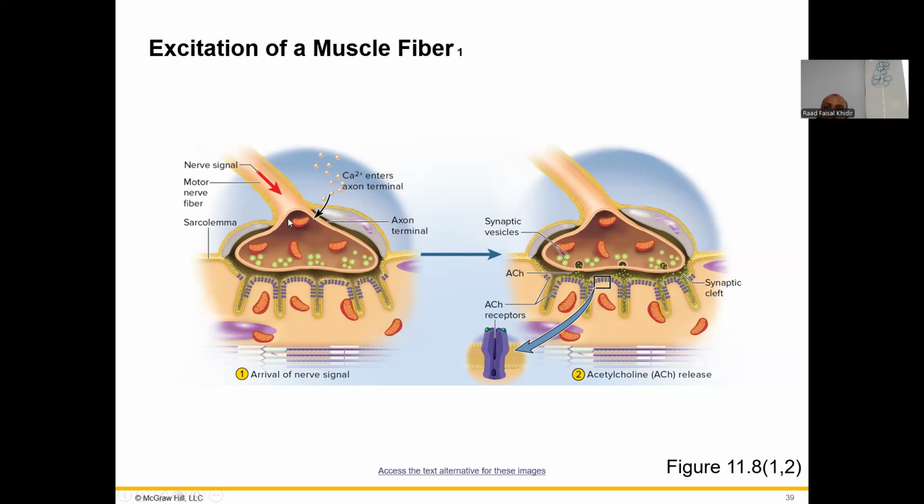That's in the nerve. So the action potential is going to make calcium enter inside the swollen end of the nerve. This calcium is going to cause, so first of all, you have an arrival. What's the first step? Where my mouse is? This is the arrival of the nerve signal.